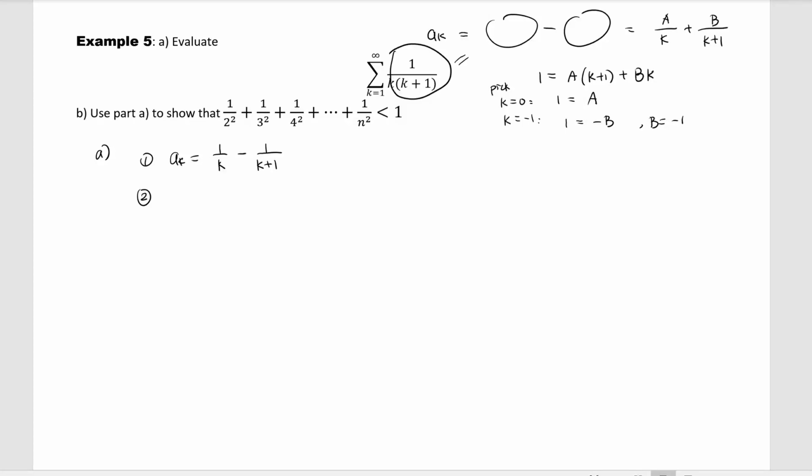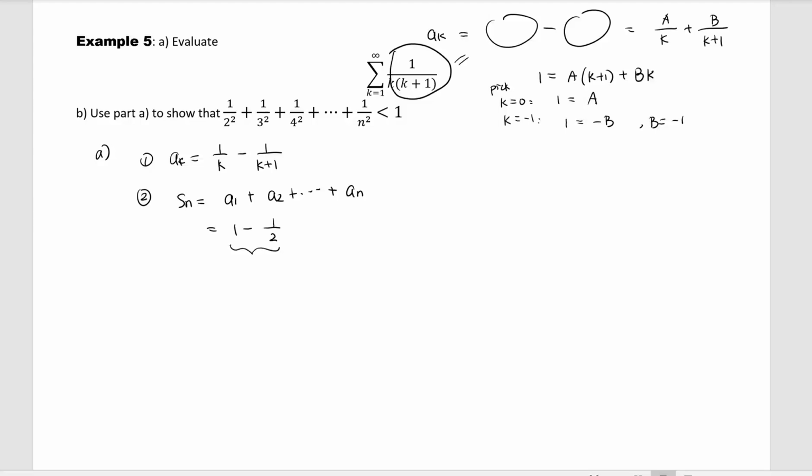we want to find the S_n, the first n partial sum. So that's a1, a2, dot dot dot, a sub n. If you get used to it, you don't need to write a sub n minus 1. So a1 is when k is 1, so 1 minus, when k is 1, we get 1 over 2.